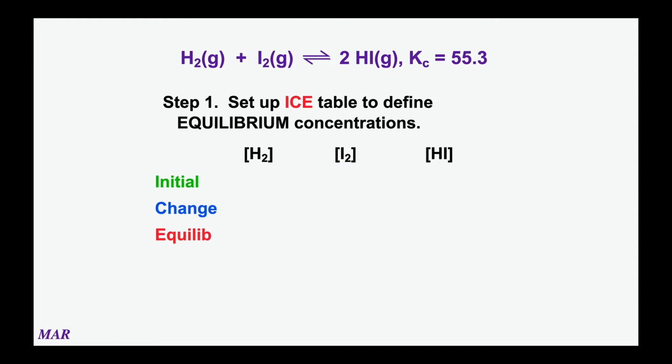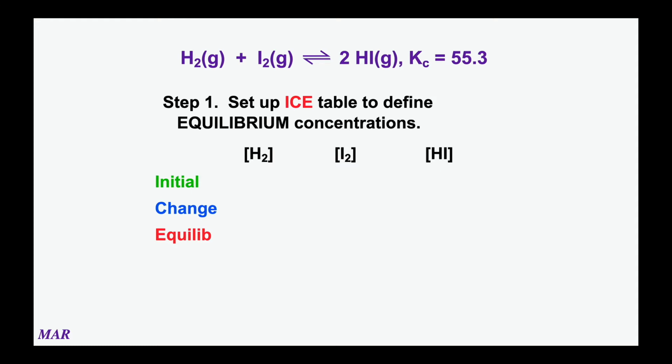And in this problem, as we talked about, the H2 and the I2 will be decreasing, and the HI will be increasing. The other thing about the change line is that the stoichiometry for this reaction will be evident in the change line. So for this reaction, that's 1 H2 and 1 I2 making 2 HI. Change here will be affected by that, and we'll see that.